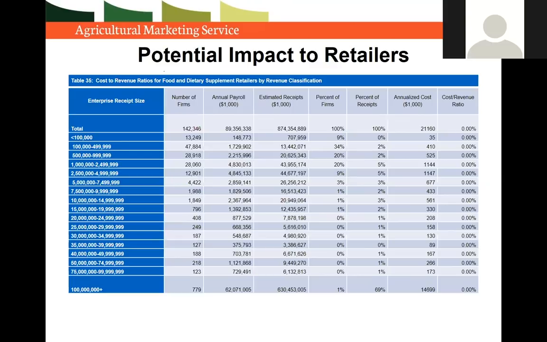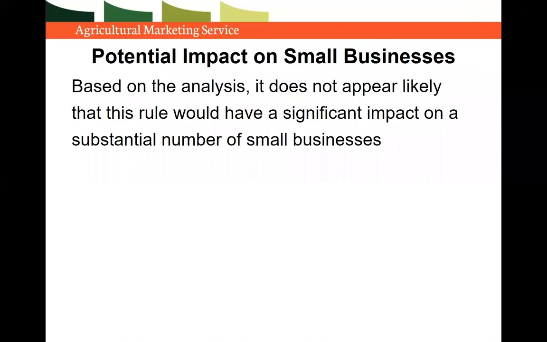Now, for retailers, the cost to revenue ratios are all reported as zeros. What this means is that the costs of the rule are less than 0.005% of revenues. Because the cost to revenue ratio never crossed the 1% threshold, it is safe to assume that the proposed rule would not have a significant impact on a substantial number of small businesses.